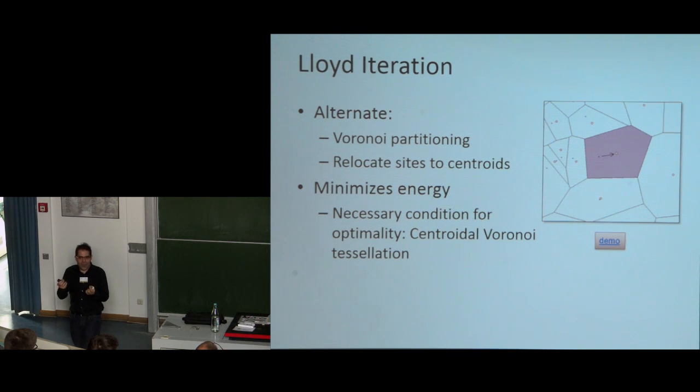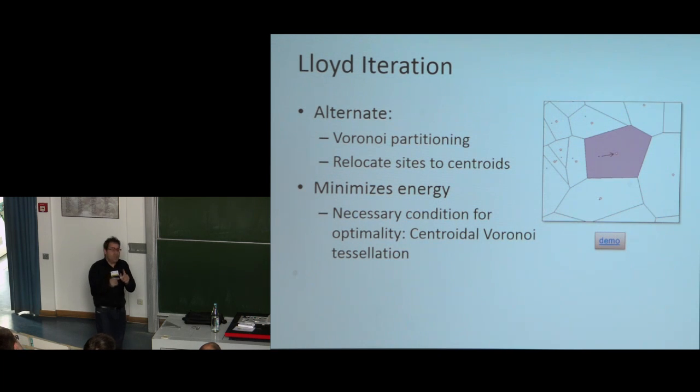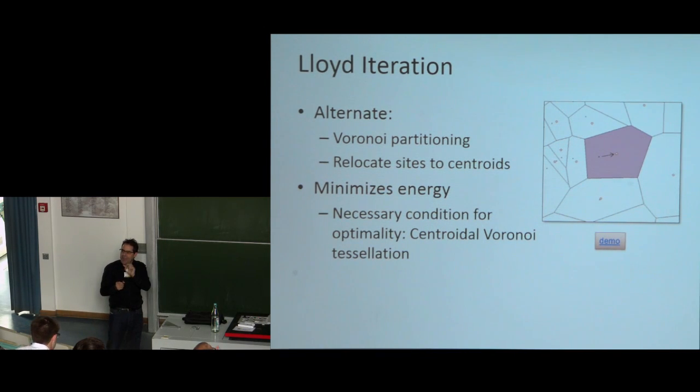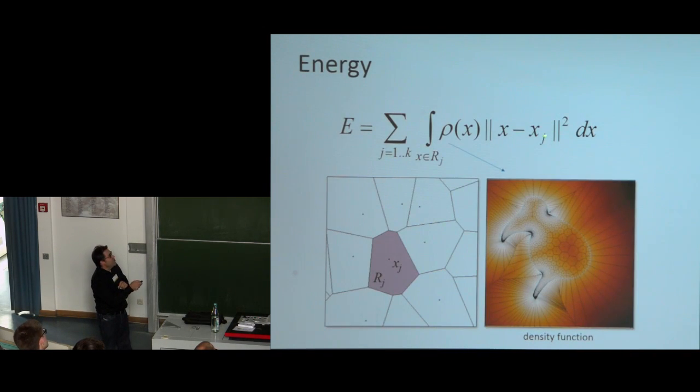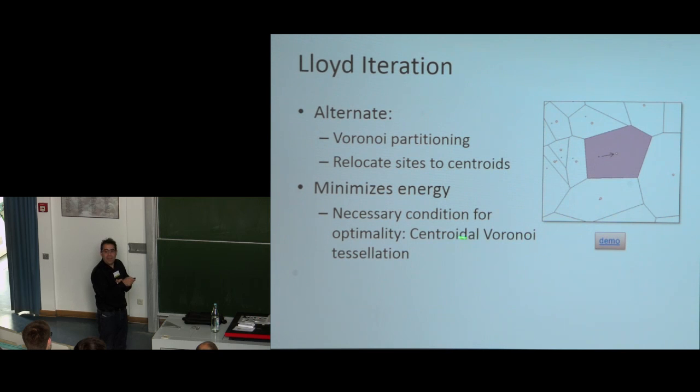So that's the one that we minimize for fixed points that energy. And that's even the global minimum. So now, for a fixed partition, suppose I fix the partition, what is going to be the best generator, the xj, in that equation? The point that minimizes the sum of square distances in a cell, that's the centroid, the center of mass of one cell.